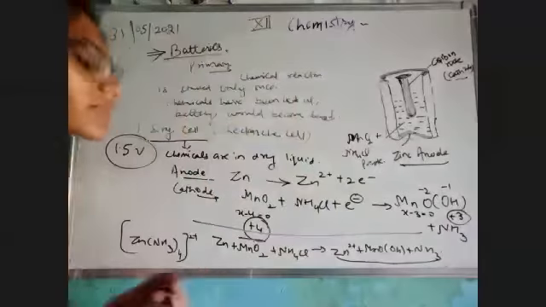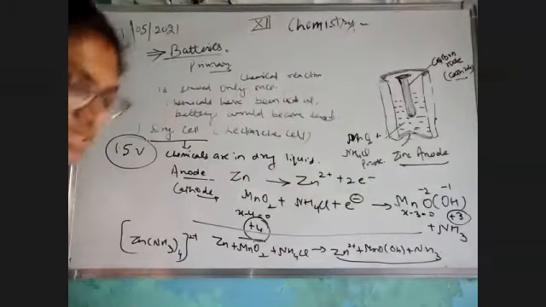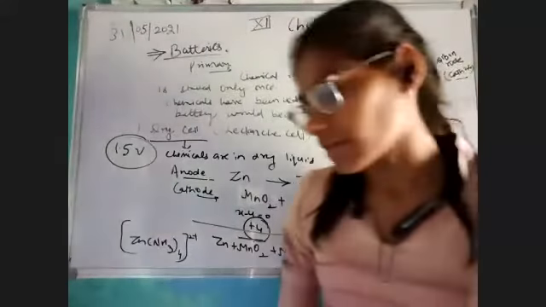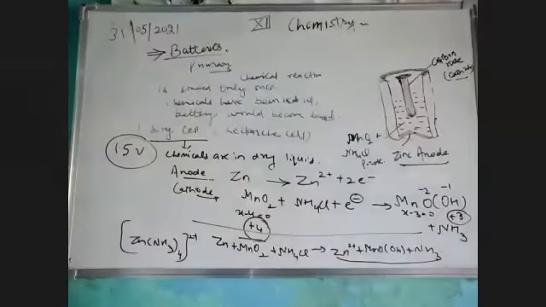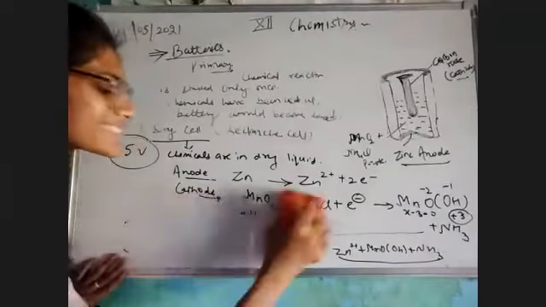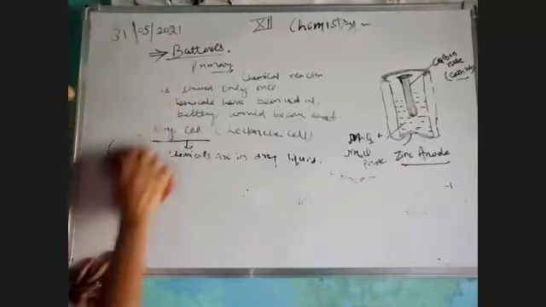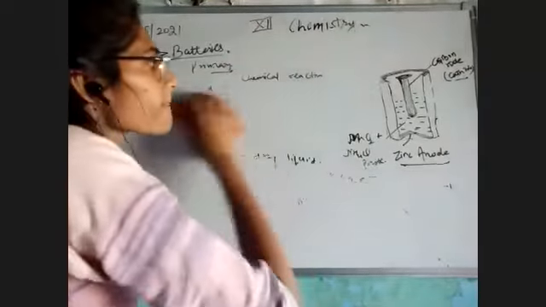Mercury cell is something which is used in the torch, or we can say in the toys, in the batteries. You must have seen very small-sized, circular steel cells; they are known to be mercury cells.